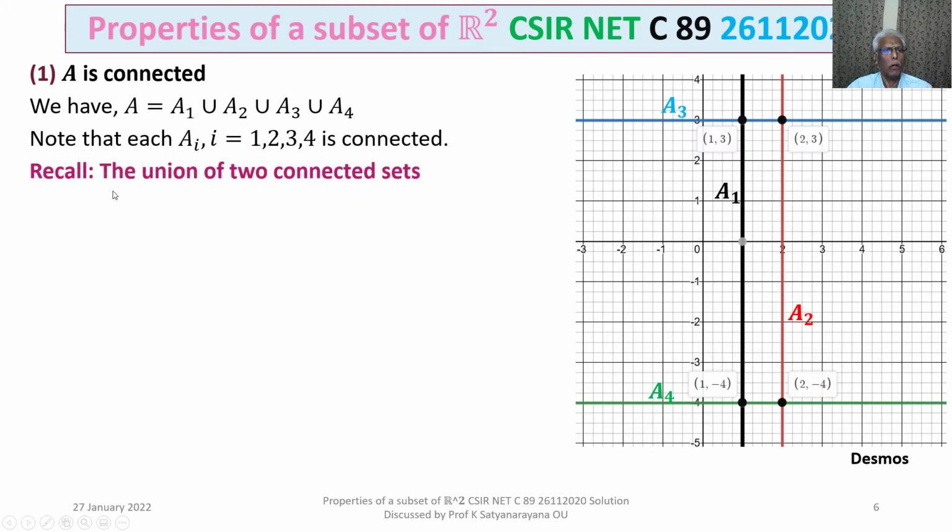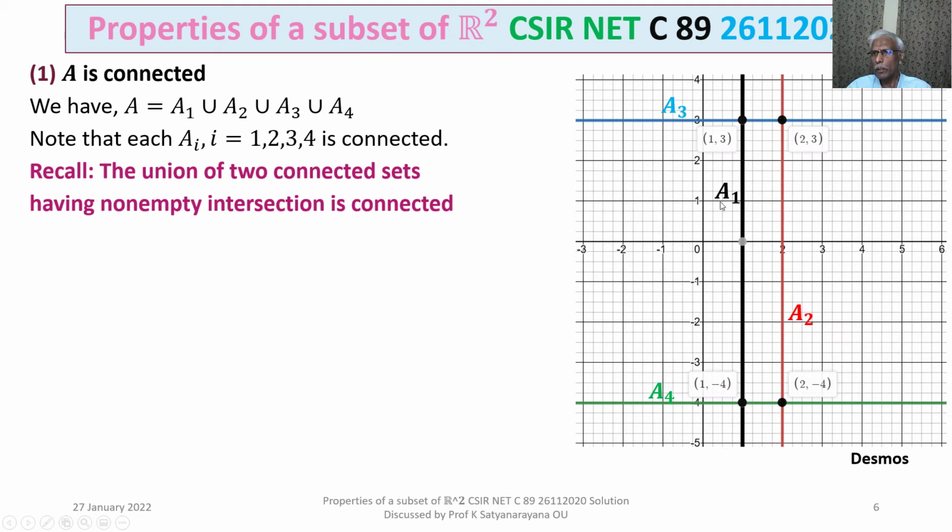Now we recall a result. The union of two connected sets will be connected if they have a non-empty intersection. So what we do is A3 is connected, A1 is connected, but they have a non-empty intersection, the point 1, 3.